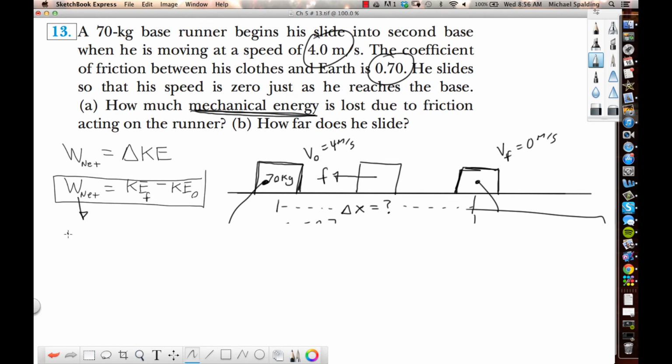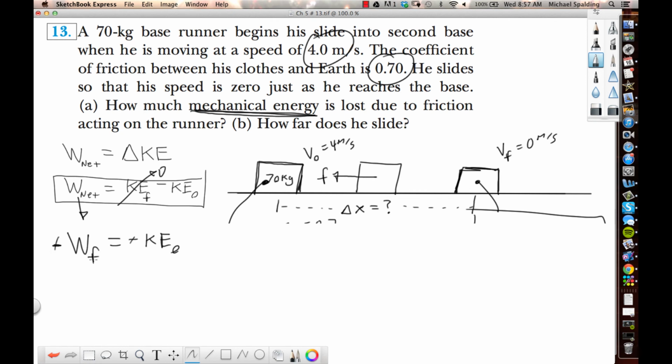So the work net will be the work done by friction, and the work done by friction is going to be negative. Why negative? Because it's opposite motion. What's kinetic final? 0, because he stops. So we have negative work of friction equals negative kinetic initial. Does that make sense? Okay, so the negatives cancel.